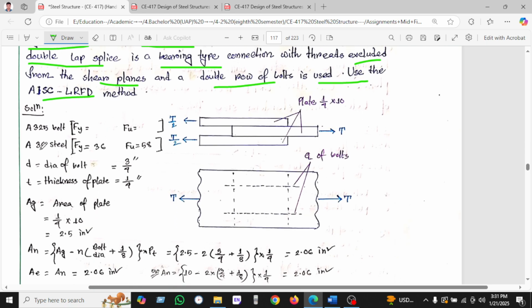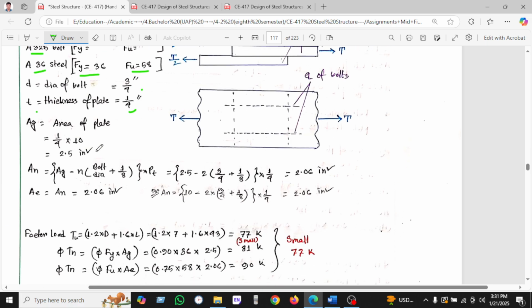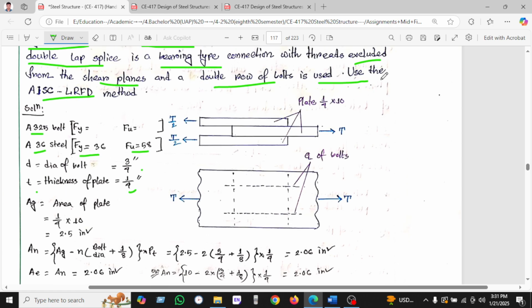Okay, let's see. As you know, for A36, Fy equal to 36 and Fu equal to 58, and the bolt diameter is given as 3/4 and the thickness is given as 1/4. Similarly, the plate is given here as 1/4 by 10. An equals Ag minus 2 bolts.